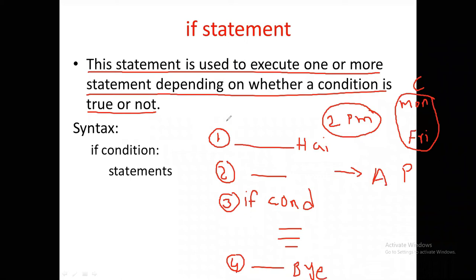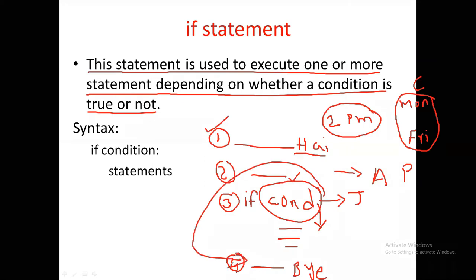Now the execution starts from the first instruction. It prints hi and executes the second instruction. Here you check this condition. If this condition is true, then only you enter into this block. Otherwise, the control moves to bye. If this condition is false, then the control goes to the fourth instruction.